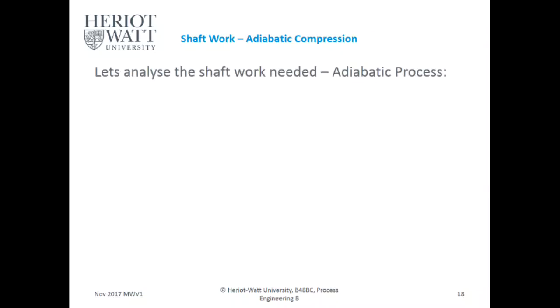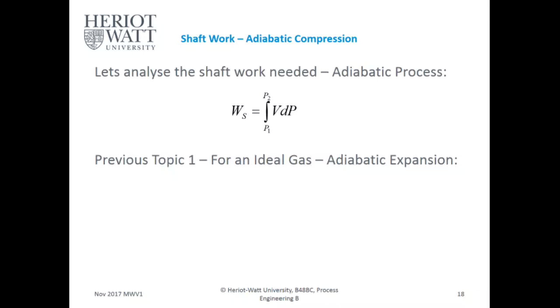So if we try to analyze the shaft work needed to move the piston for an adiabatic process, it is the integral of the change in volume in relation to P, from P1 to P2. From the first topic, we know that for an ideal gas, PV^gamma equals constant.